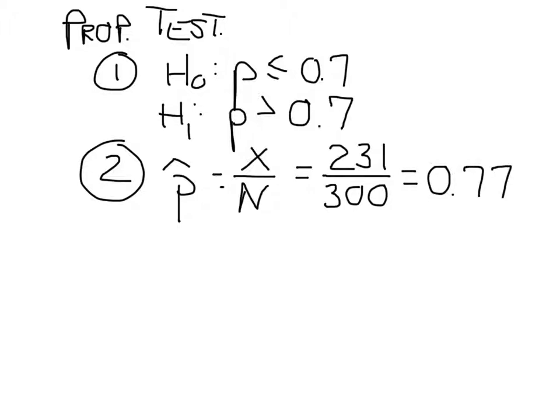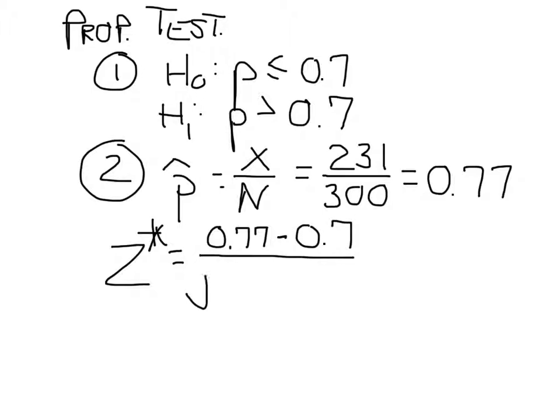All right? So then the formula, and notice this is going to be Z star because your N is 300, is going to be 0.77 minus 0.7, all over 0.7 times 1 minus 0.7 over 300. That's all under the square root.